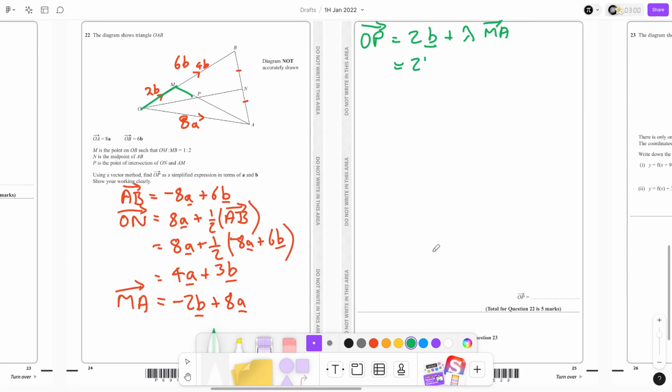Which is 2B plus lambda times (minus 2B plus 8A).